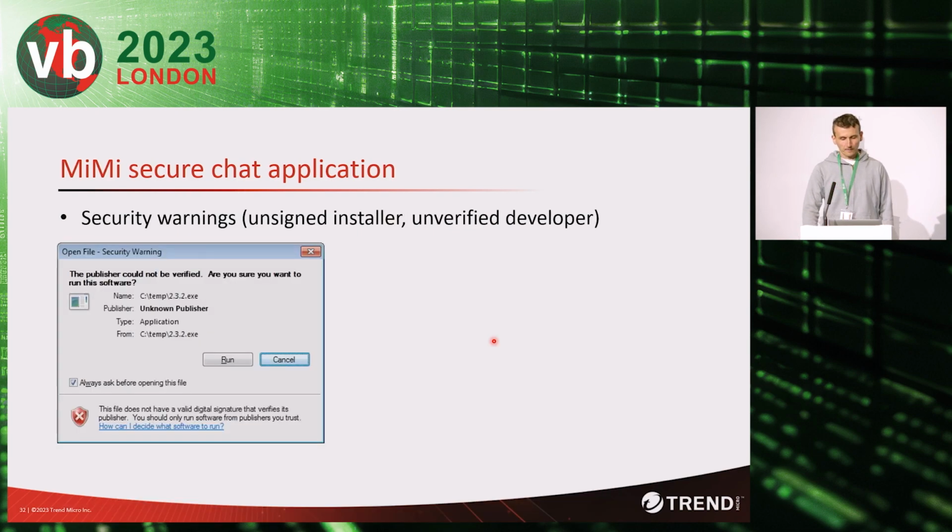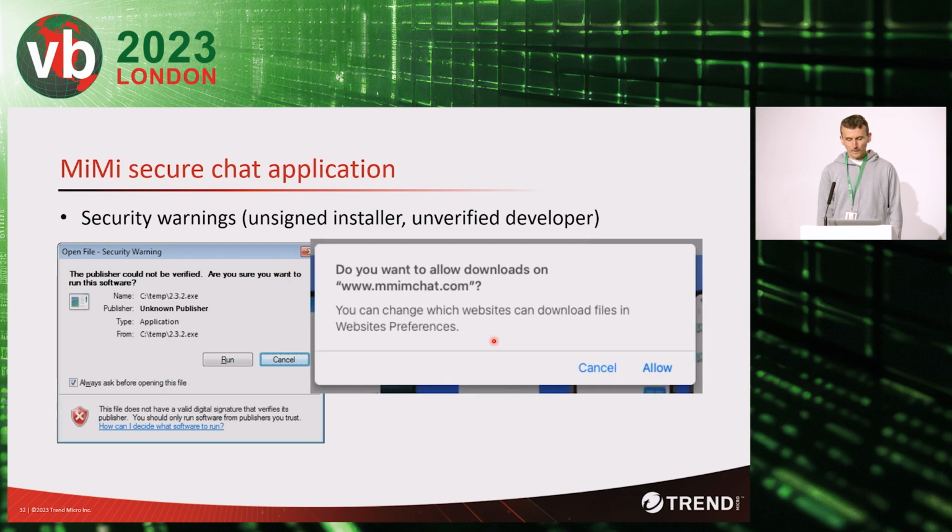The interesting thing is that the applications in these MimiChat versions were not signed and the developer was unverified. Under Windows, it displayed a security warning. If the victim ignores the warning, they get infected. Under macOS, there was a warning in the Safari browser.